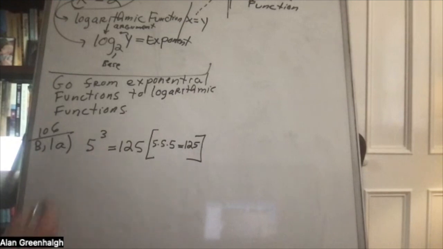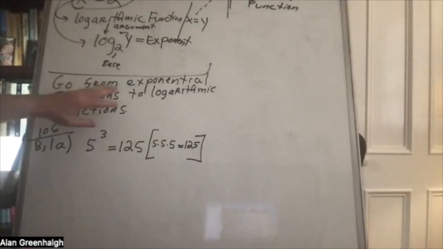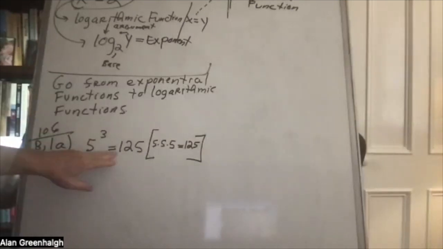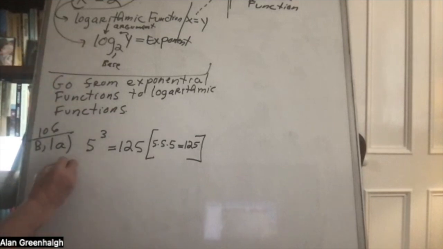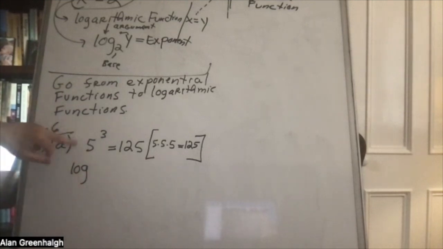And the question is, how do we express this exponential function into a logarithmic function? And the way we do it is the way I was showing you up here. This is going to be log. Now, what's the base? The base is 5.